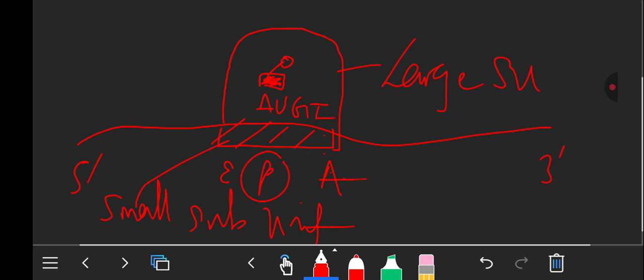We have these sites: the E site, which means the exit site, the P site, which is the peptidyl transferase site, and the A site, which is the aminoacyl site.